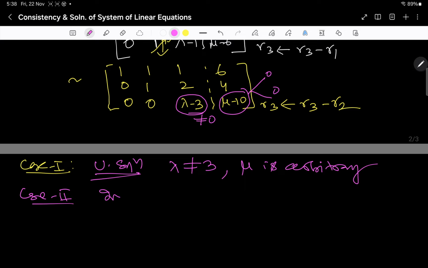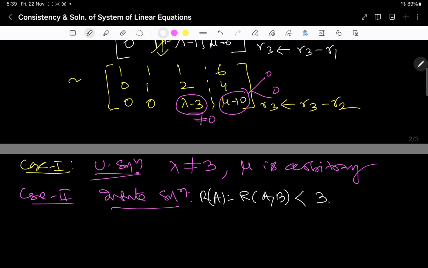For infinite solution, what will happen? For infinite solution we have rank of A is rank of AB and is less than 3, because number of unknowns is 3 here, number of variables. So here you see, to make this less than 3, it must be 0, and it must be 0.